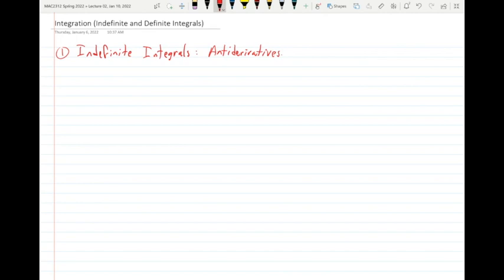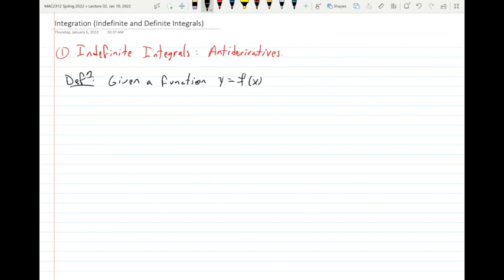Can anybody tell me what an antiderivative is? If I give you a function, what is an antiderivative? So, I guess this is a little definition. Given a function y equals, let's say, little f, what do we mean by an antiderivative of this function?